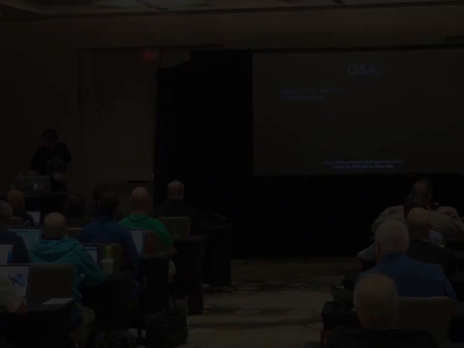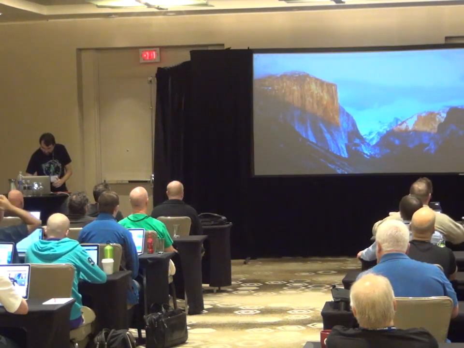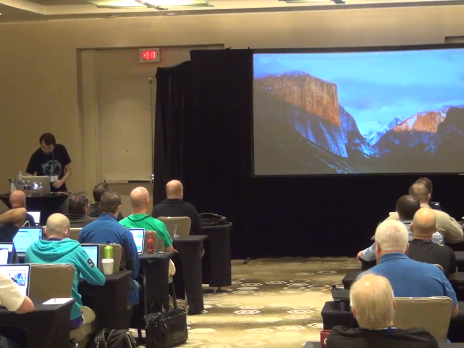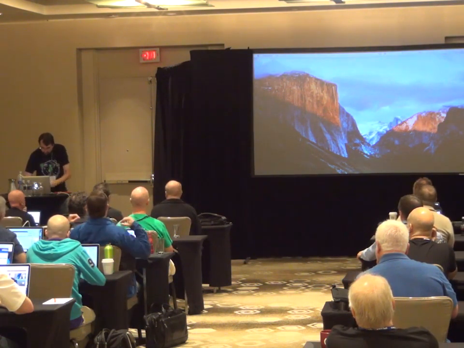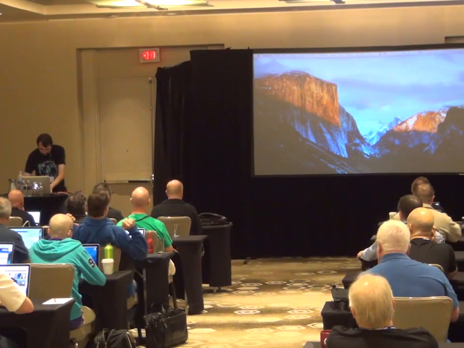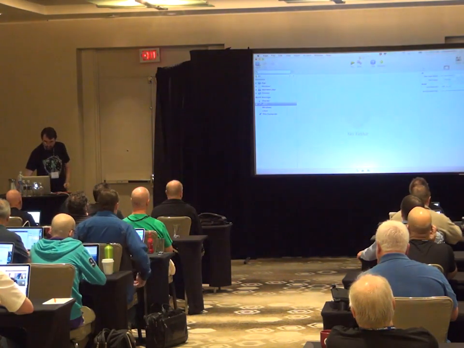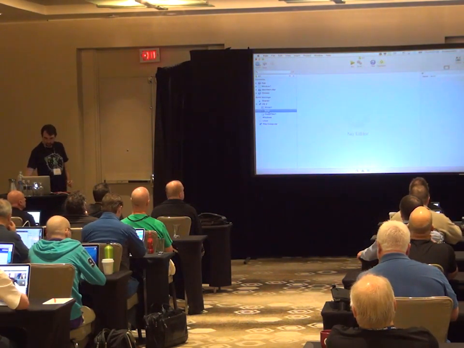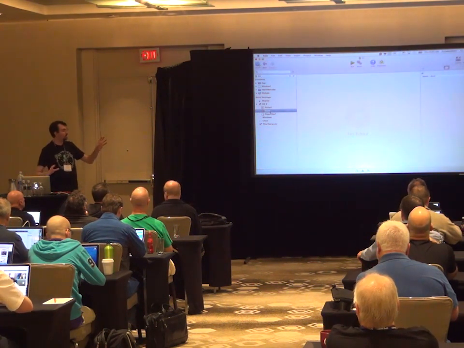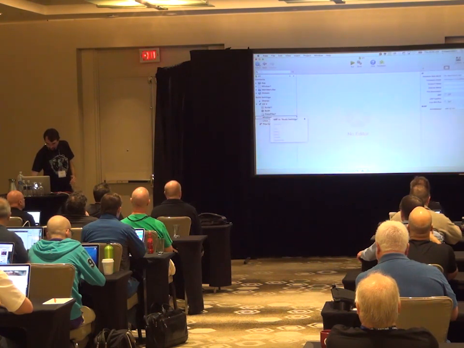Let me show you real quick, since we have the time. Okay, so you'd have to do it in a script. This build step is visible on every target. Let me see if I add one here.